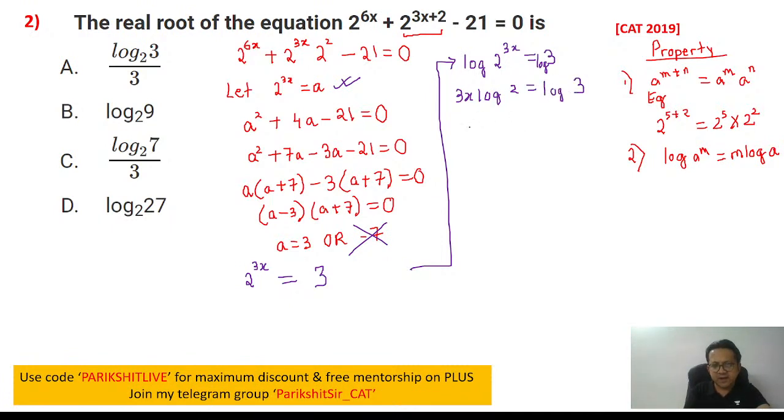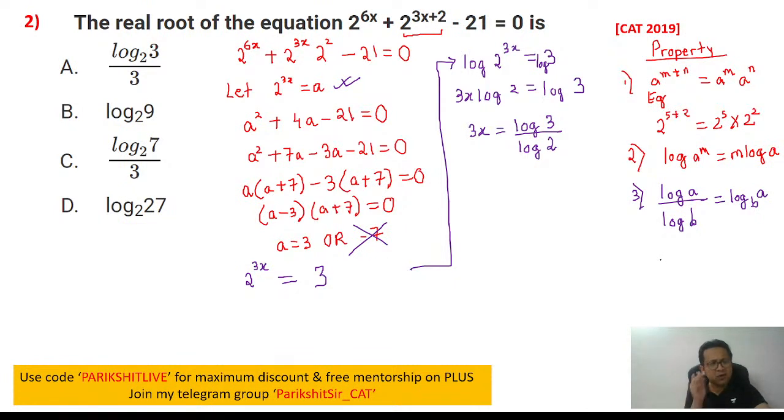So this can be written as 3x is equal to log 3 divided by log 2. And another property that I'm going to use, and I'm sure you know this, is log a divided by log b can also be written as log a base b.